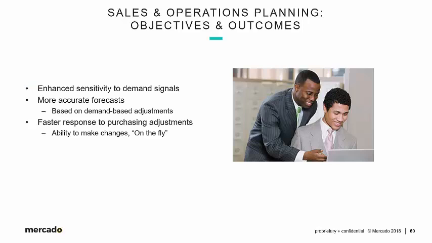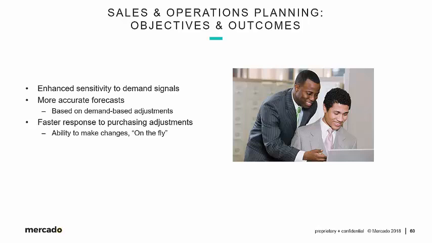Hopefully over time, because we're learning and applying what we learn, our forecasts will become more accurate. Never perfect, but more accurate, because they're based on demand-based adjustments. Not just what we sell, but actual demand. The orders we couldn't fill, the orders that got backlogged, and the orders that got ultimately canceled.